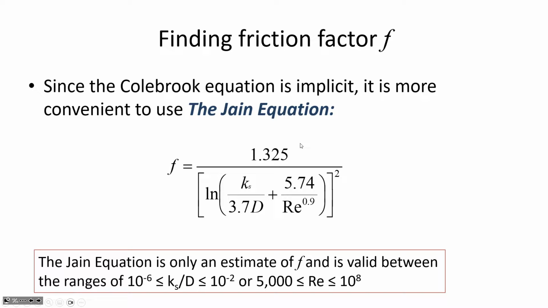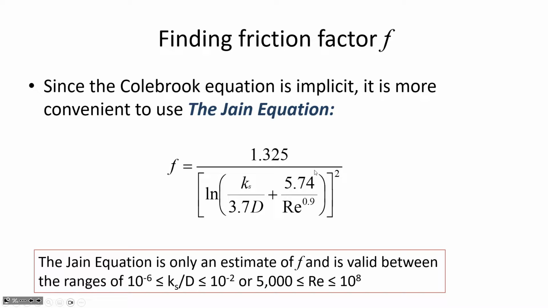So you'll notice it looks in some ways similar to the Colebrook equation because we have the same two terms inside of the logarithm. Although this is a natural logarithm, so base e, we still have a relative roughness term inside of there, and then we've got a Reynolds number term which relates to the flow velocity.